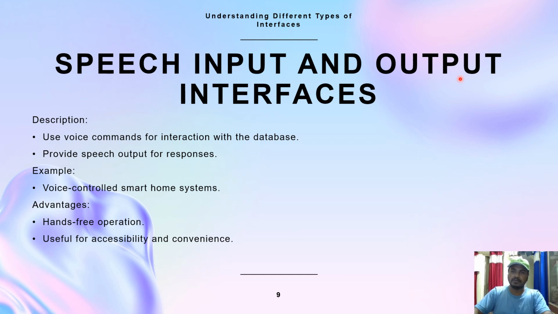There's the input and output interfaces. The advantage is hands-free operation. No need to use the hands or any physical element. All you have to do is give the command using speech. Useful for accessibility and convenience. It saves your time, maybe a little bit, but yeah, it does save your time, and it is very accessible and convenient.